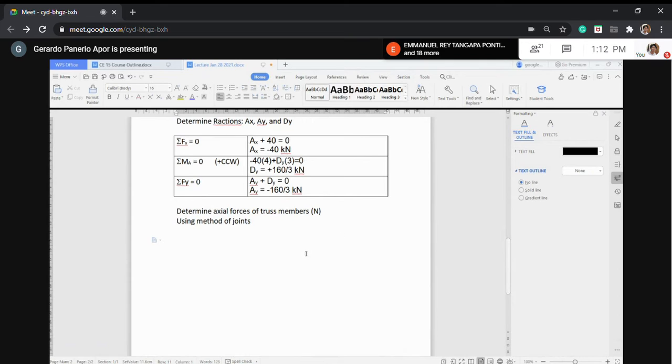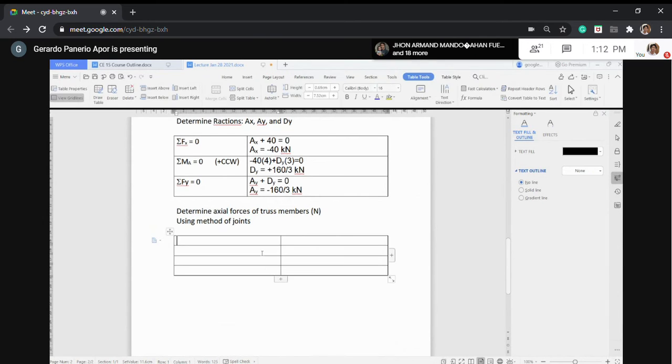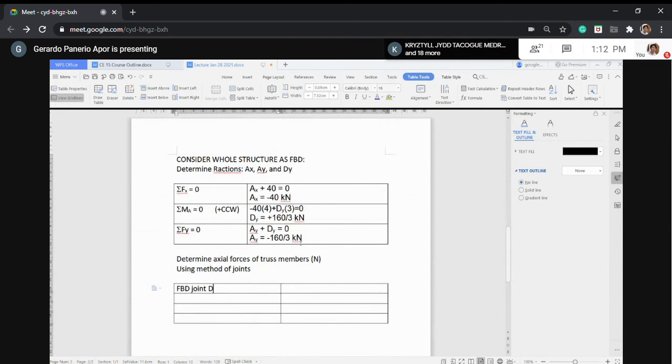So this is what will happen. I will insert members 1, 2, 3, 4. The easiest joint is D first.